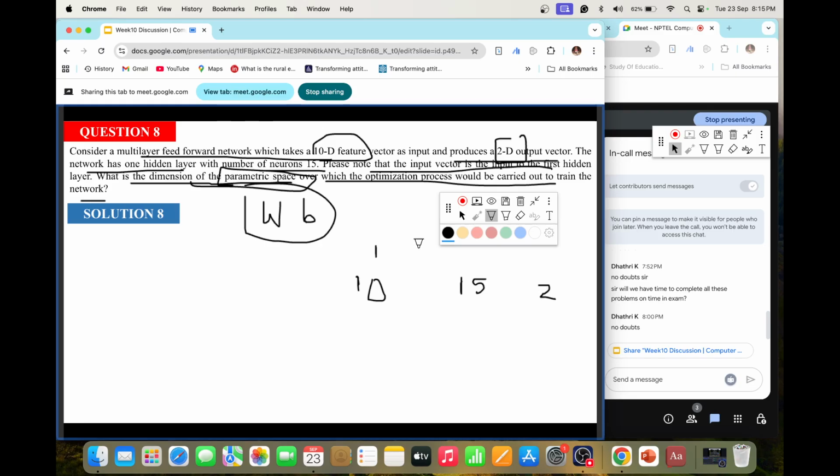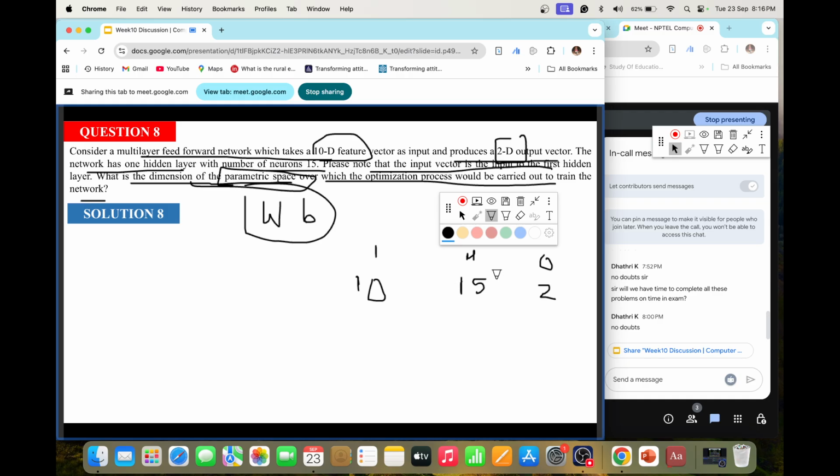So this is I, this is H, and this is O. Now all the neurons are connected to all other neurons. The number of weights between the input and hidden layer is 10 into 15, because all are connected, so that is 150.